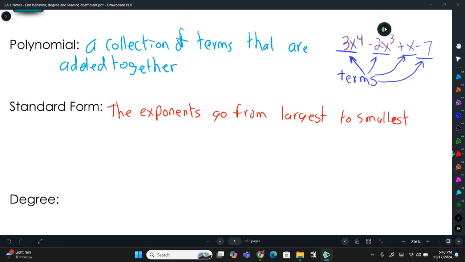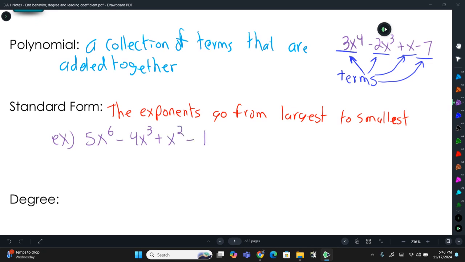So I'm going to give an example of that and a non-example. So an example of that would be like what I had up here, but I'll give a little bit of a different one. 5x to the sixth minus 4x to the third power plus x squared minus 1.